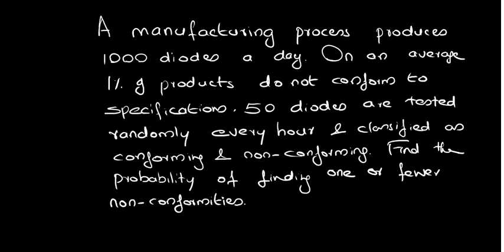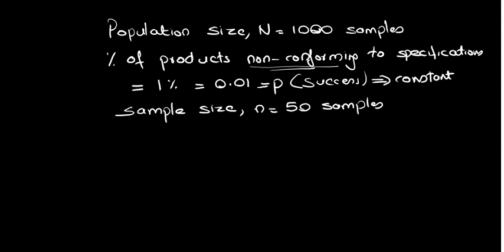Find the probability of finding one or fewer non-conformities. So your sample space corresponds to the non-conformities.